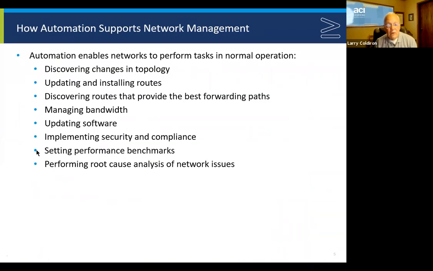Automation and network management: what can we do? Discover the changes in topology. Well, we've already seen that happen. That's what the dynamic routing protocols did. But this is going to happen on a larger scale.